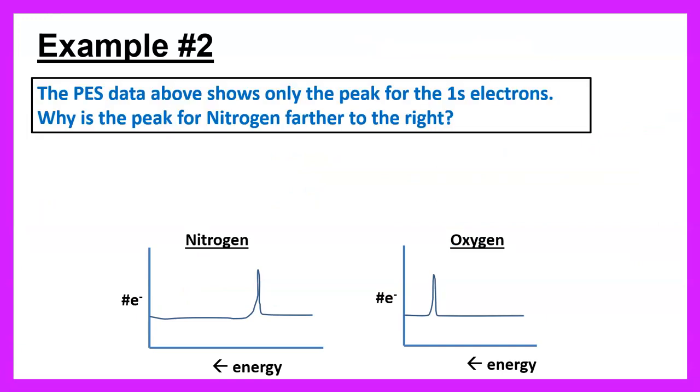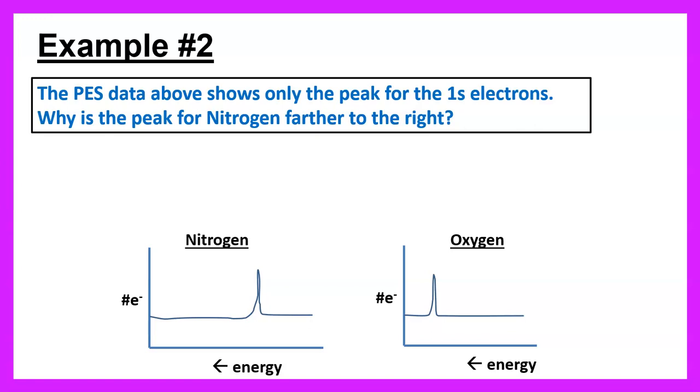Let's look at this one. The PES data below, not above, it's below, shows only the peak for the 1s electrons. Why is the peak for nitrogen further to the right? So why is nitrogen's 1s electron a lower binding energy than oxygen's?